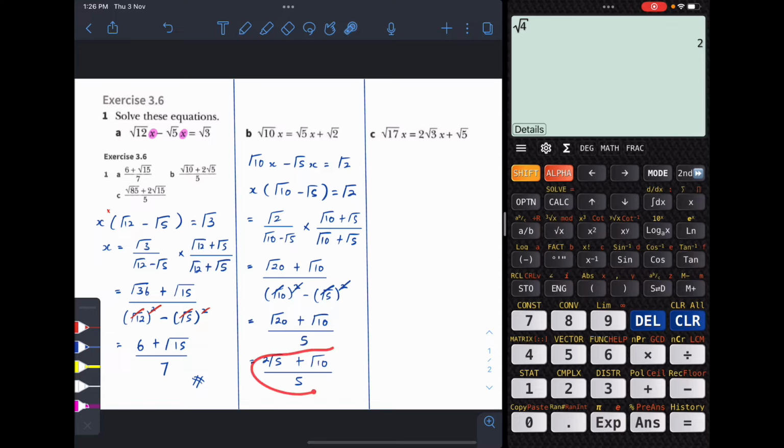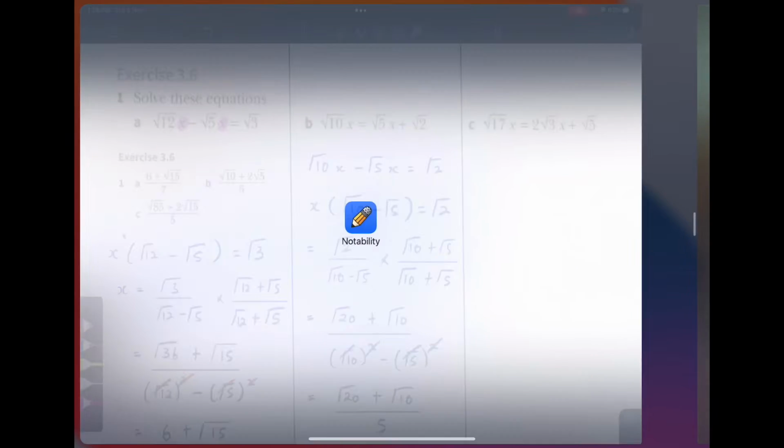It's pretty much the same thing. It's up to you and the rules whether you get to use a calculator or not. If you do, it's really simple. You just do square root 20 and press equals, and on the right side I already have 2 root 5. That's if you get to use the calculator. Anyways, let's move on.